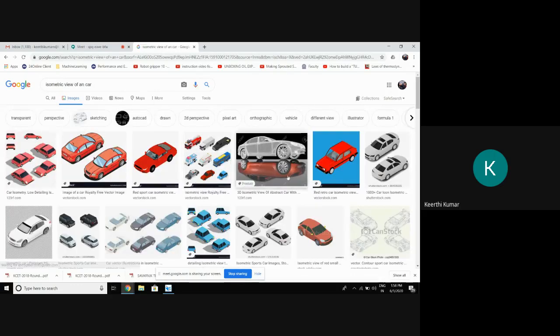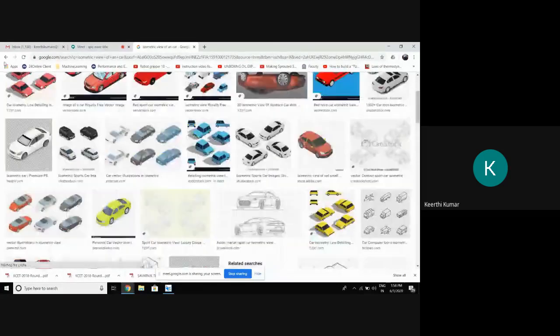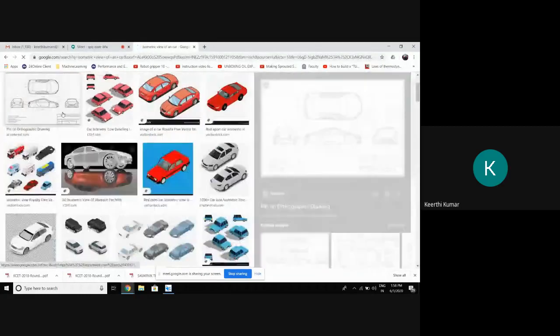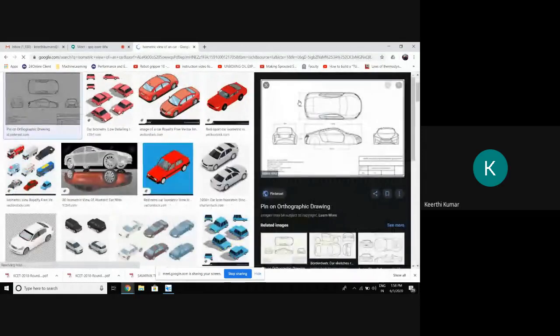See here. Just a minute. Okay. Can you see this? Can you see this here? This side. See the mouse there.